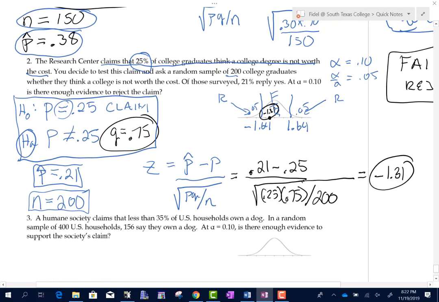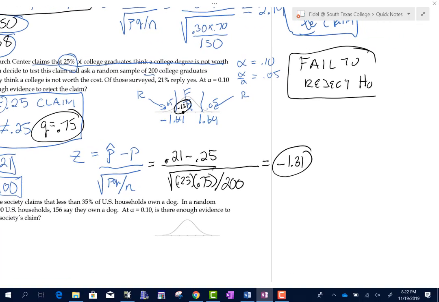Okay, now let me come back over here. Which was my claim? My H0 or my HA? My H0, okay? So guys, when I come back over here, I'm going to zoom in just a little bit. Let me let it focus. Okay. So our claim was our H0, and we rejected or failed to reject? We failed to reject. So what are we going to say then? There's not enough evidence to do what? Reject the claim. Okay. So right here, I'm writing over here on the side because I don't have a lot of room.